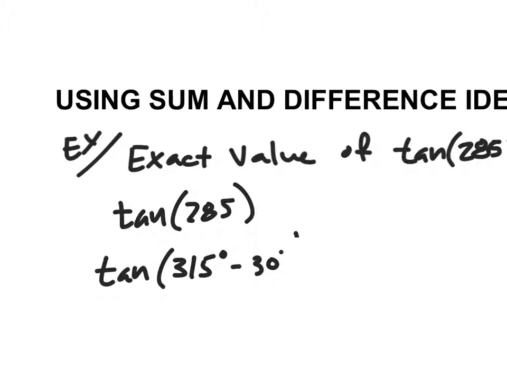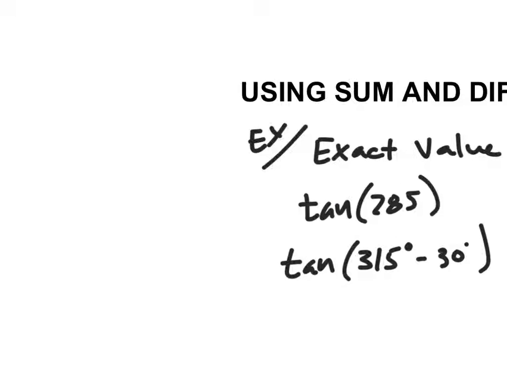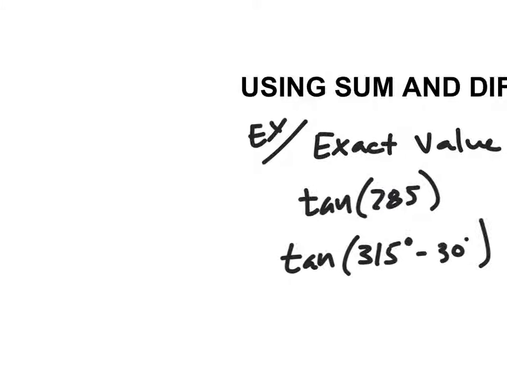I don't know why I keep doing that. Okay, so all you need to do is split this up into the sum or difference of two angles that we know. Now before I do anything, let's evaluate tangent of 315.